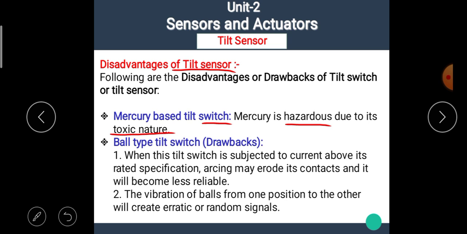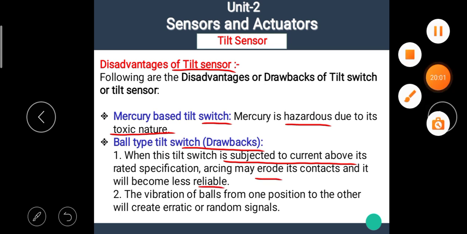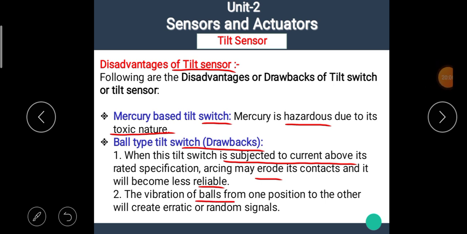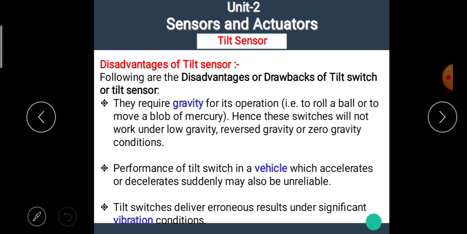The disadvantages of ball type tilt switches are, first, when this tilt switch is subjected to current above its rated specification, arcing may erode its contacts and it will become less reliable. The vibration of balls from one position to another will create erratic or random signals.